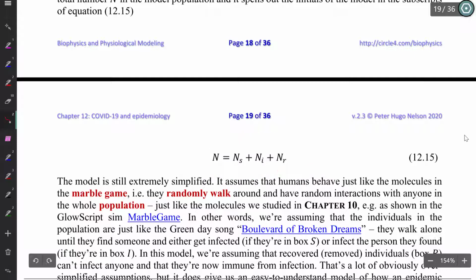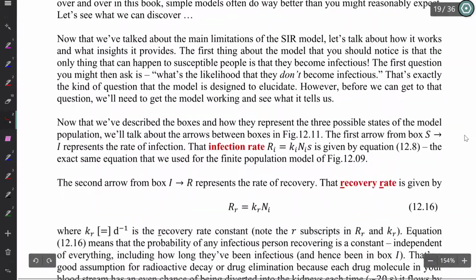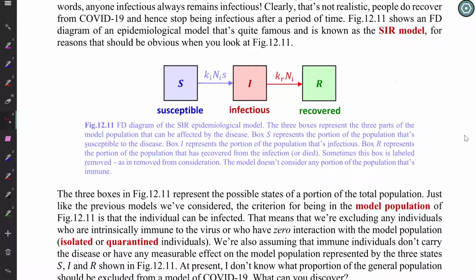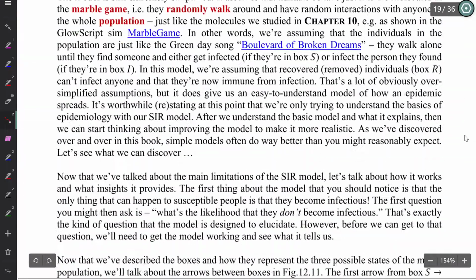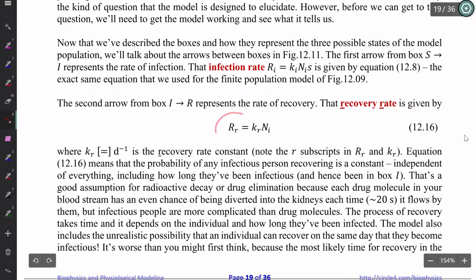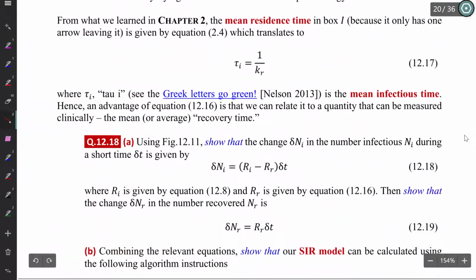It says that the total number in the population is the number susceptible plus the number infected plus the number recovered. The arrow that goes from infectious to recovered has this rate, and that rate we're going to call Ri. And so that's what equation 12.16 is about. It's just reminding us of the equation that we've already talked about.